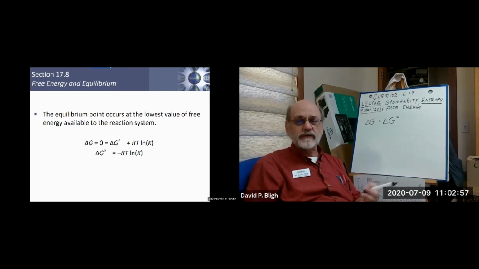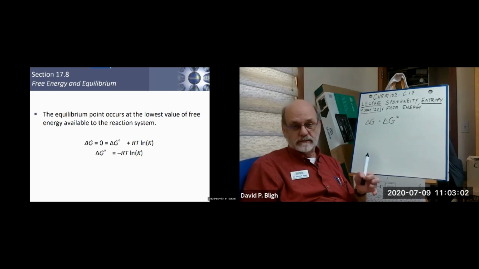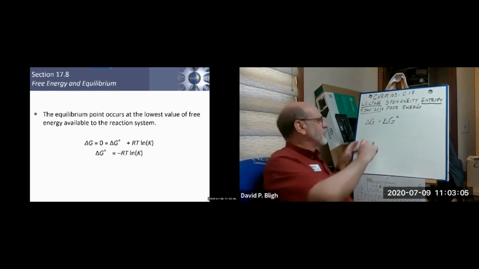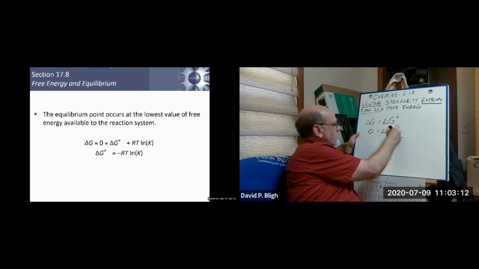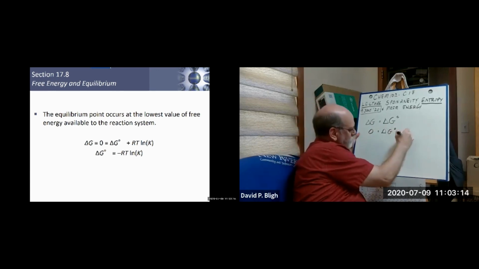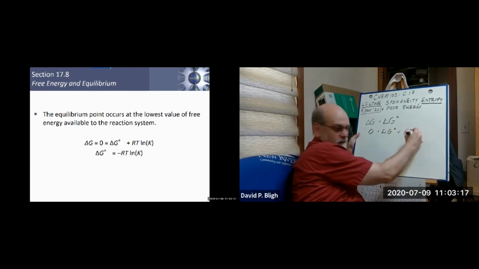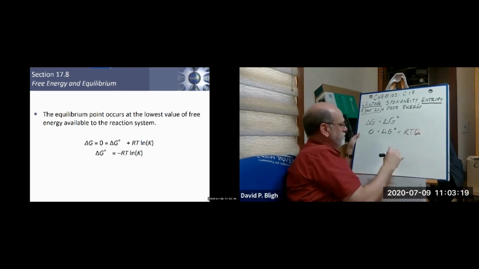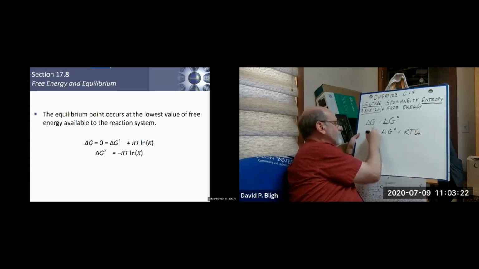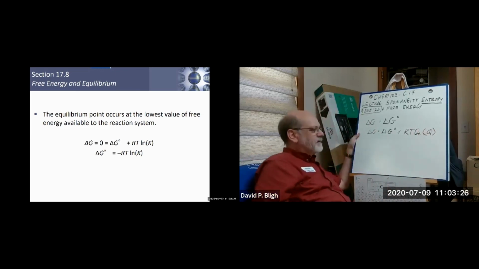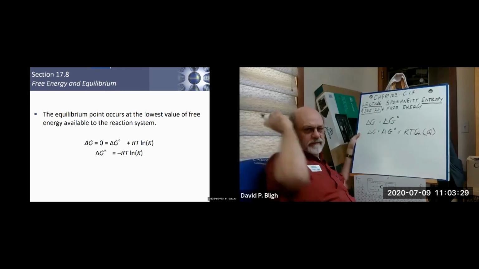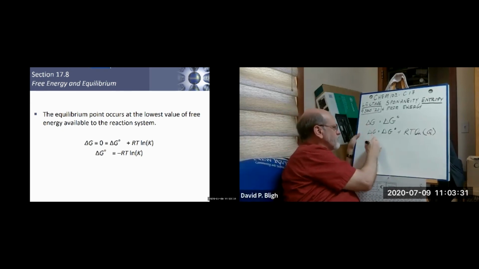Equilibrium occurs at the lowest value of free energy. The lowest value of free energy is zero. So if we're at equilibrium and this is equal to zero, well, before that, we had this. But if we're at equilibrium, now this is equal to zero.